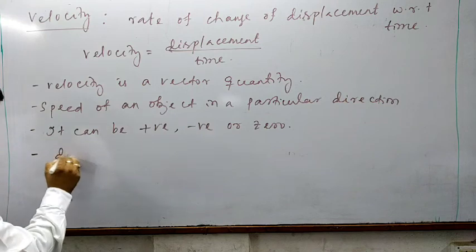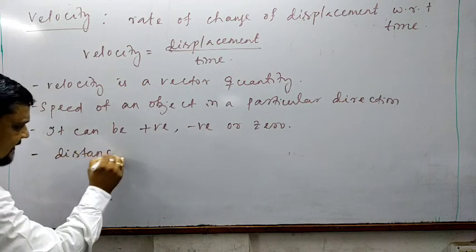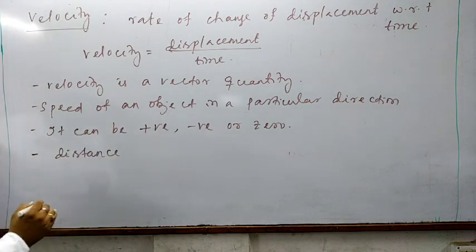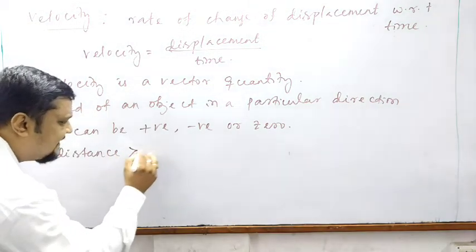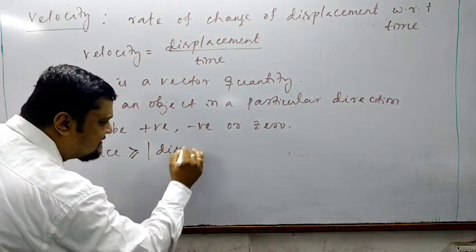If you relate speed and velocity again, distance is always greater than or equal to the magnitude of displacement.